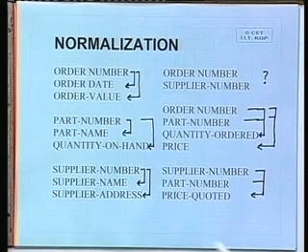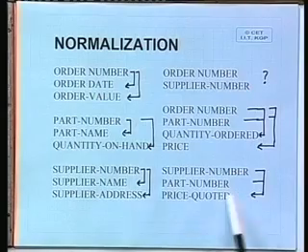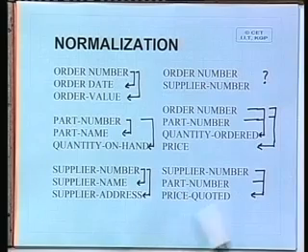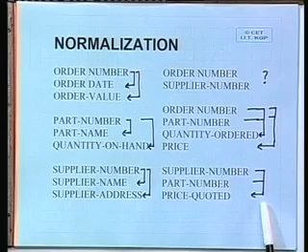So, where is the other one? Is there any other dependency defined here? Yes or no? No. So, there is no other dependency defined here, only one dependency. So, therefore, there is no transitive dependency.